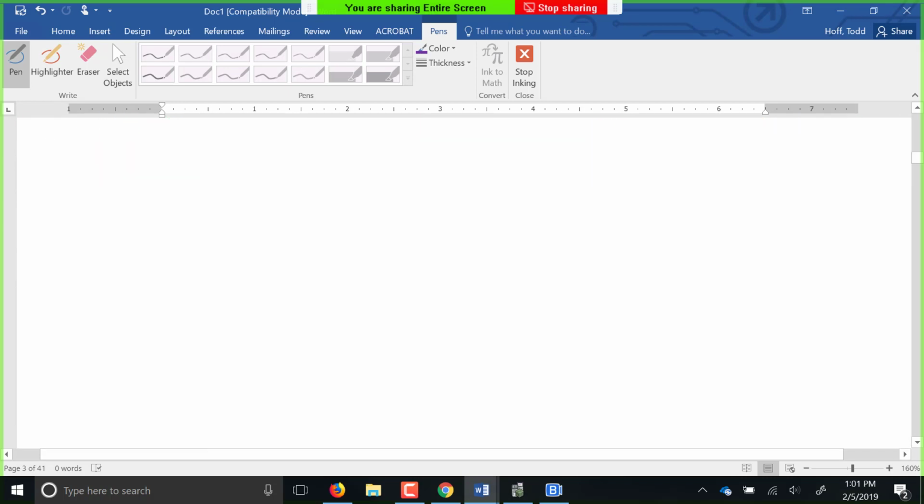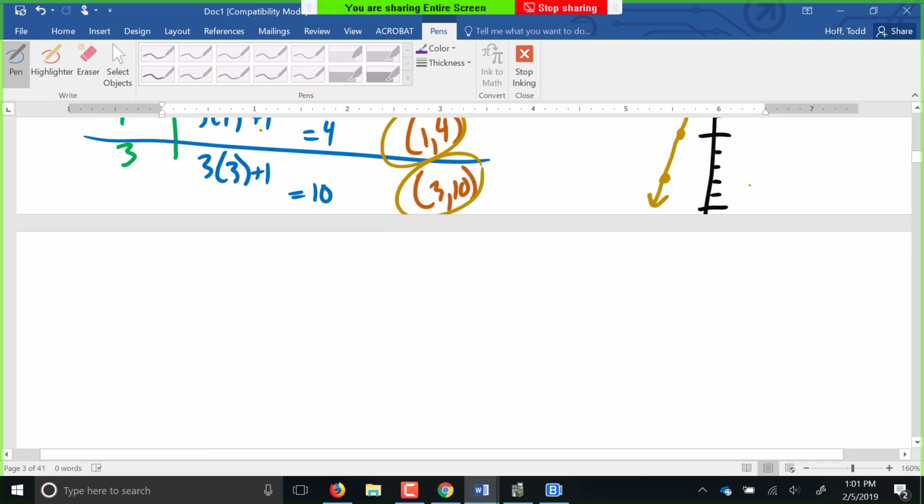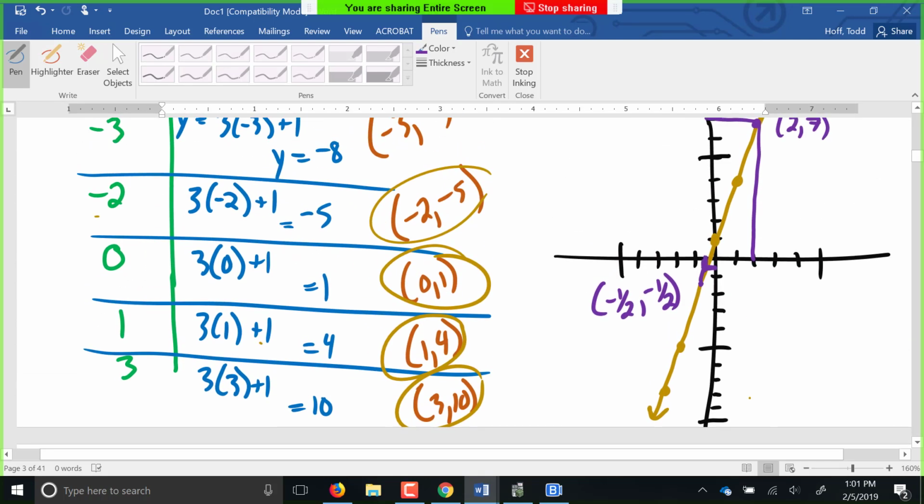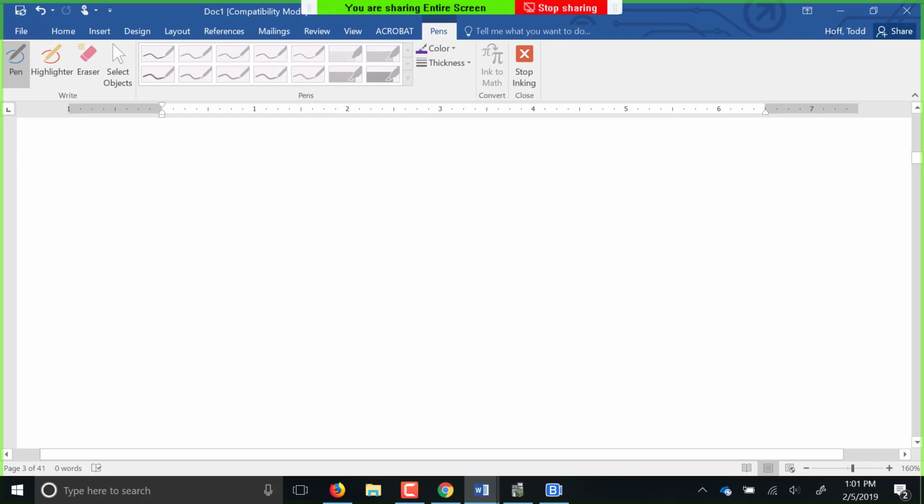Now, not all graphs form a line. This one was simple. We did 4 or 5 points. We put those points on the graph. They made a line. We just drew the line through it. We were done. Not all equations form a nice line like that. We can run into equations like this. y equals x squared minus 3x minus 4.